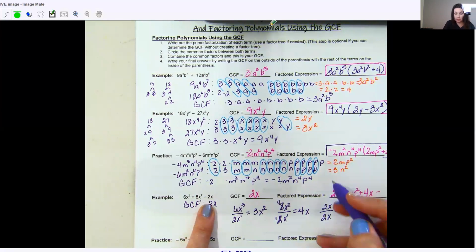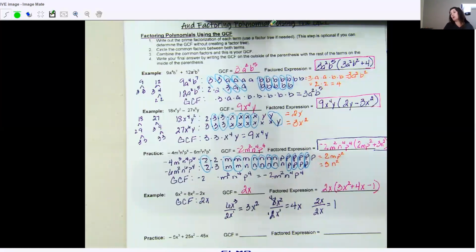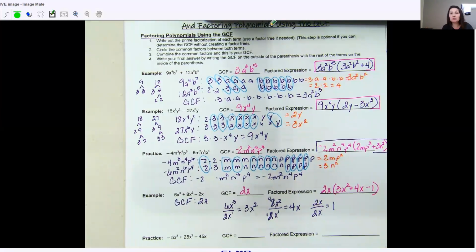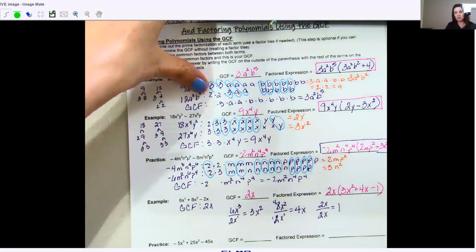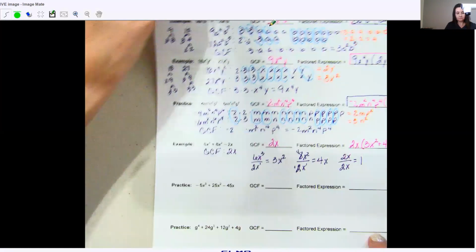Well, anything over itself is 1. So we put minus 1 like that. So that's the much more simplistic way of doing it, as long as you understand what you're doing. So let's use this method to do the next two problems.